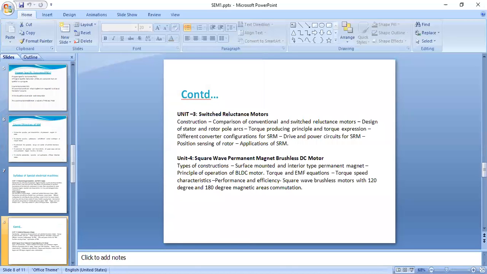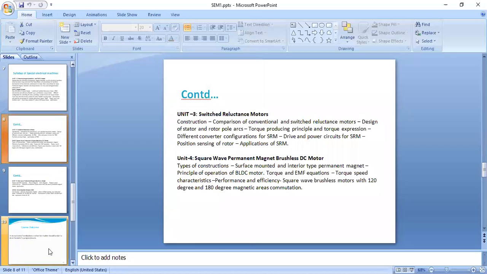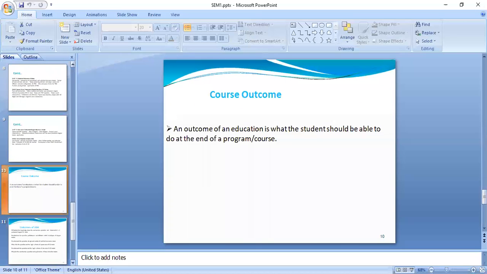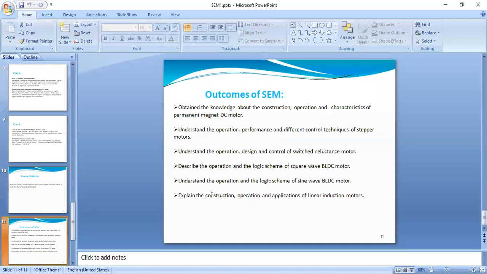So the course outcome for this subject is what the student is able to do or perform at the end of the program or course. Course outcome is what the students should be able to do or perform at the end of the program or course. So here we have defined the 6 course outcomes for this subject.